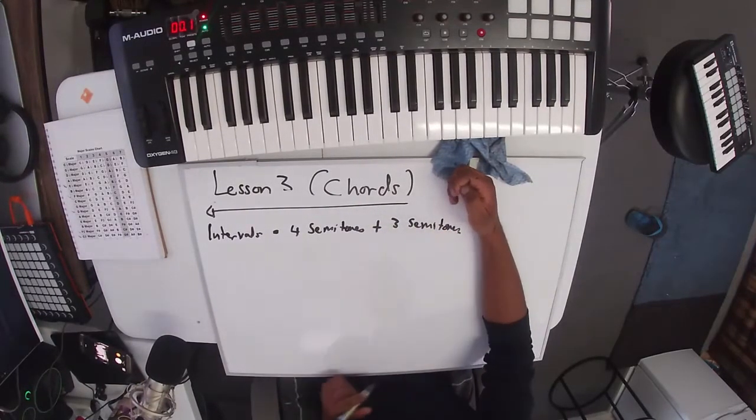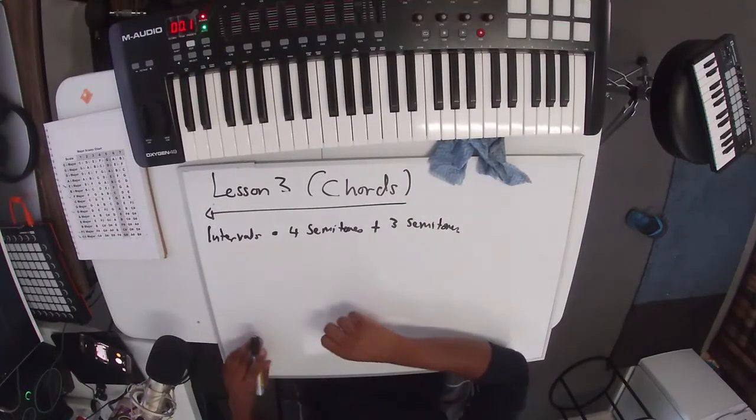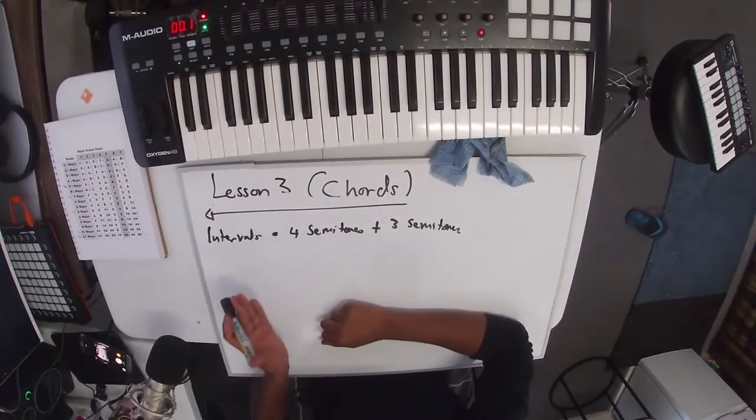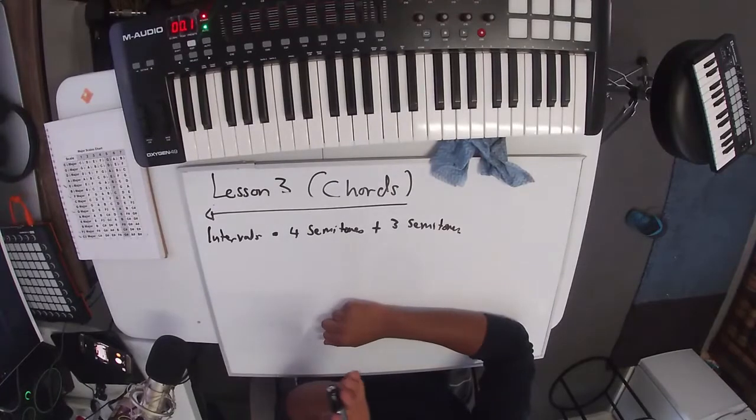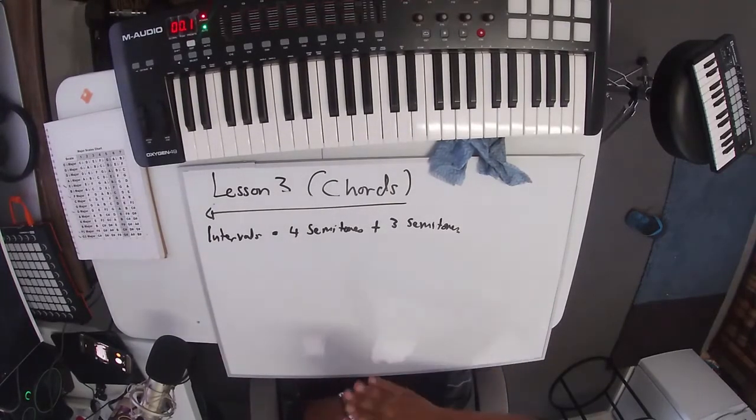So if I press a note, I move a distance of 4 semitones to get the next one, and then move a distance of 3 semitones to get the second one, right?